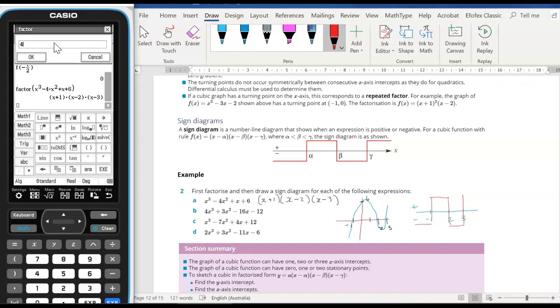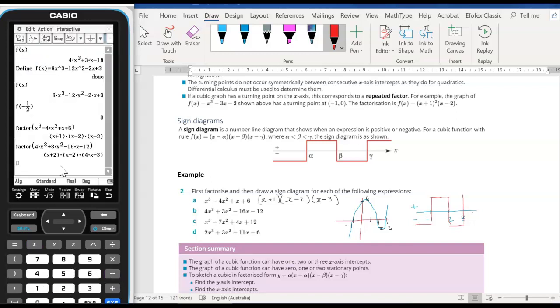So for the next one, we've got 4x to the power of 3 plus 3x squared minus 16x minus 12. All right, so there we've got x plus 2, x minus 2, and 4x plus 3.